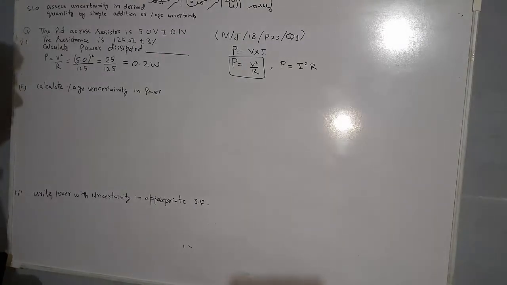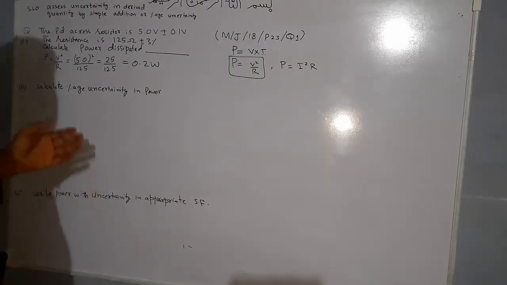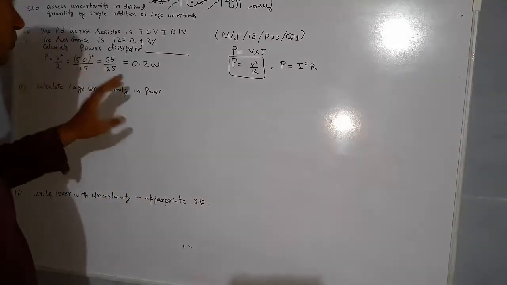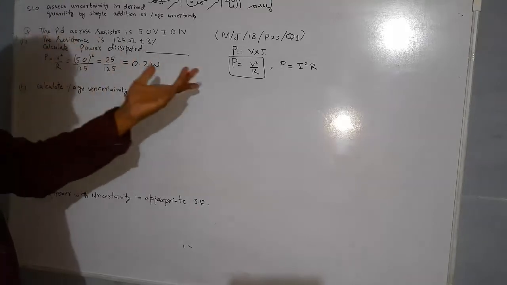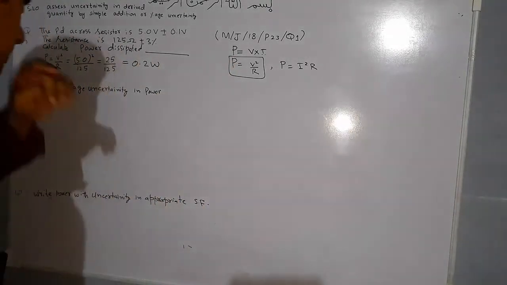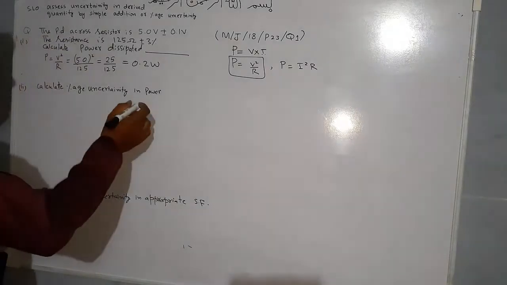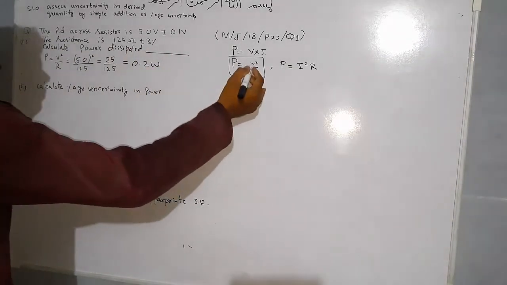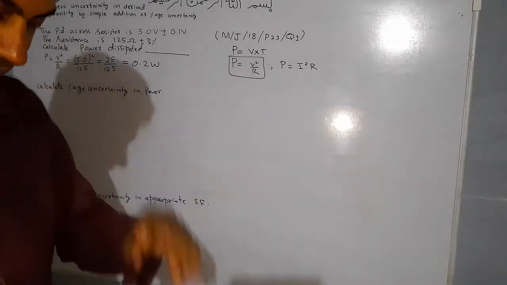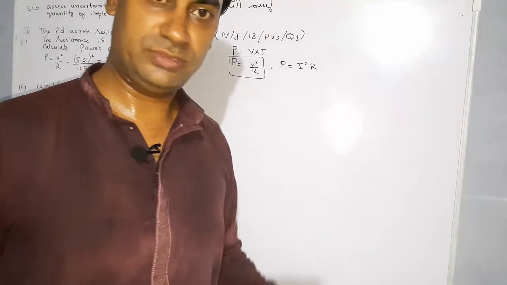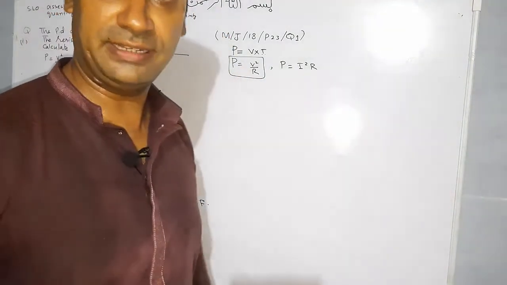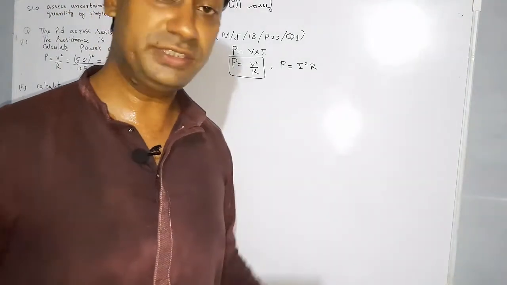Now calculate the percentage uncertainty in power. He is not using the term final uncertainty, so we will just calculate the percentage uncertainty as he has required. Percentage uncertainty in power means we deal with the percentage of V and of R. Two cases apply here: one is division and another is the power factor.